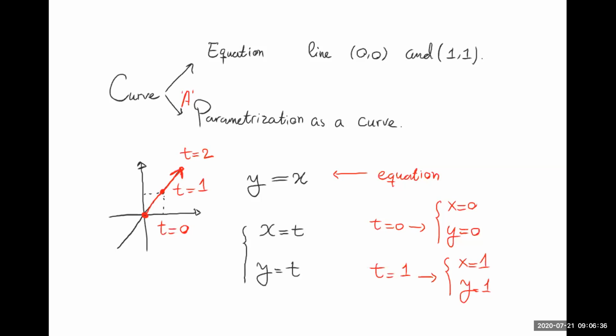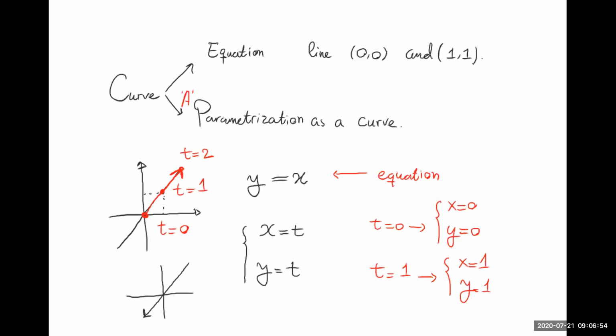But you might take another parametrization. Someone else might look at the same line and say, no, my particle is moving in the other direction. That direction would give you another parametrization.